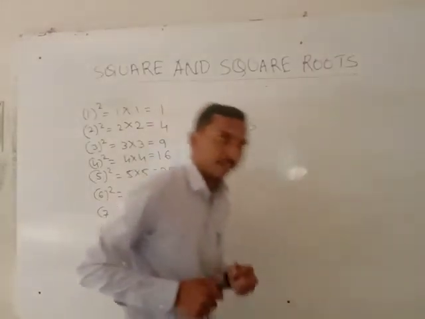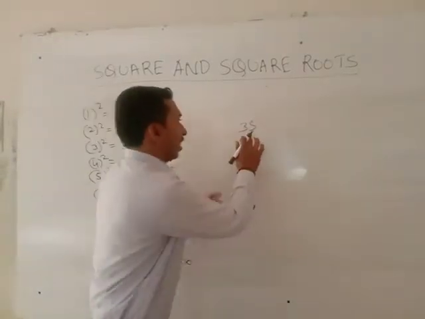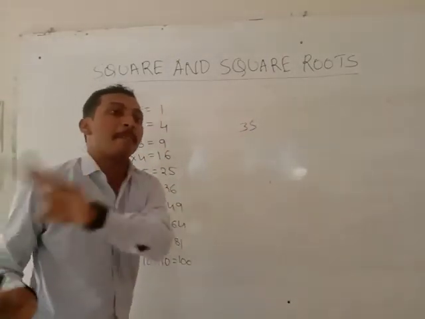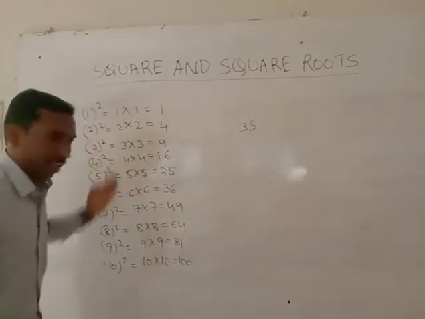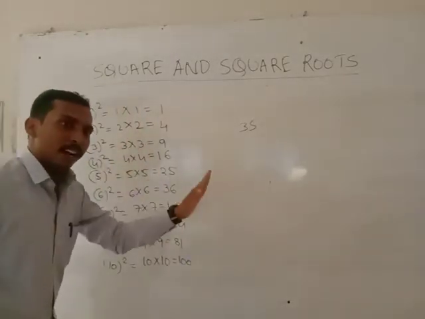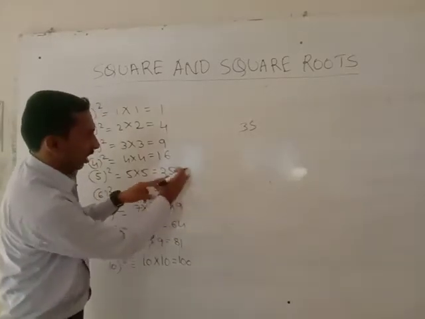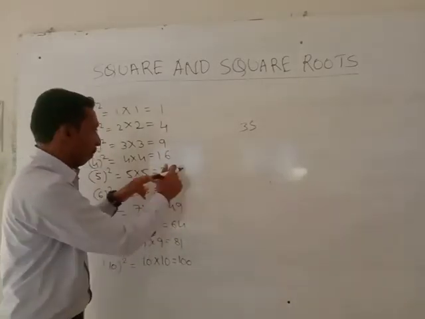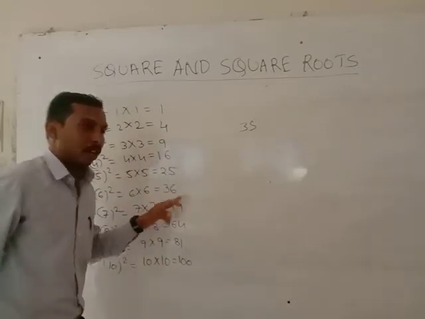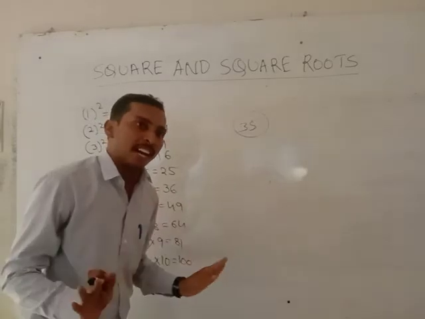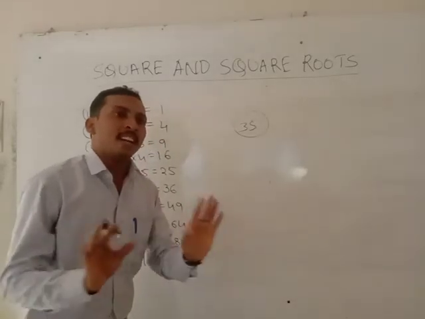Because 35 cannot be expressed as a product of two same numbers, as we did here. 1 into 1 is 1, 2 into 2 is 4. So 35 comes in between 25 and 36. The perfect squares are 25 and 36, not 35. So 35 is not a perfect square number.